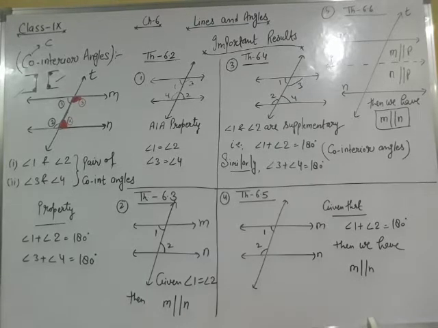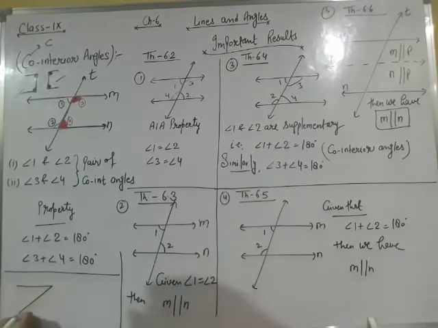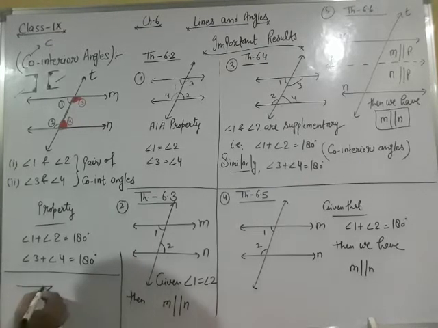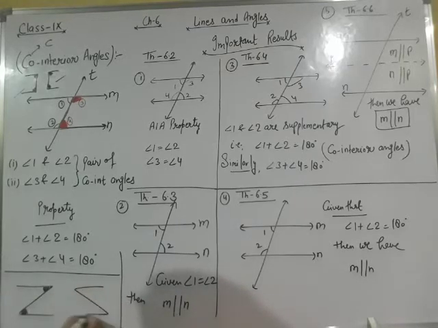And alternate interior angles, I am telling you, in alternate interior angles, a Z kind of figure is formed, because in alternate interior, we will consider the interior angles, these two angles, right? This is Z, and the mirror image of Z is like this.